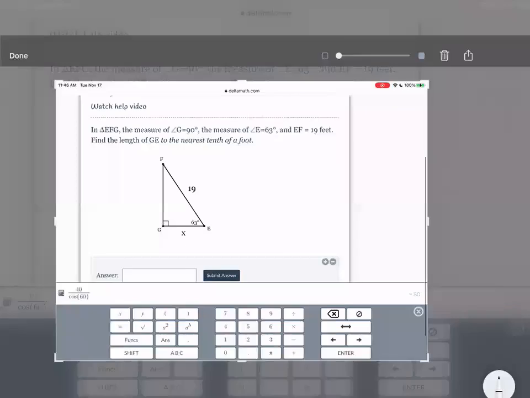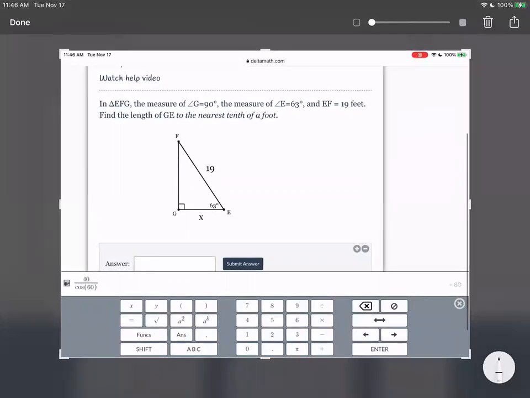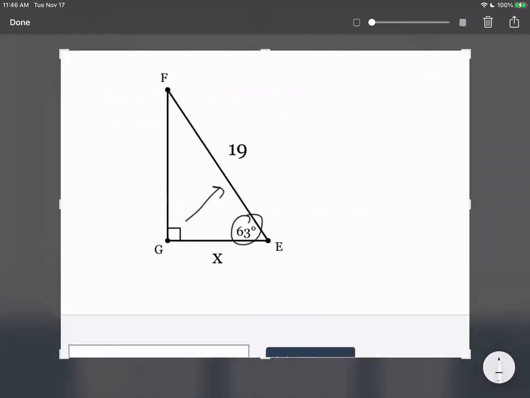Screenshot that. Okay, the reference angle they gave us is right over here. Dang, they keep giving me the same adjacent and hypotenuse, but whatever. Okay, 19 is directly across from the right angle. What side is always directly across from the right angle?